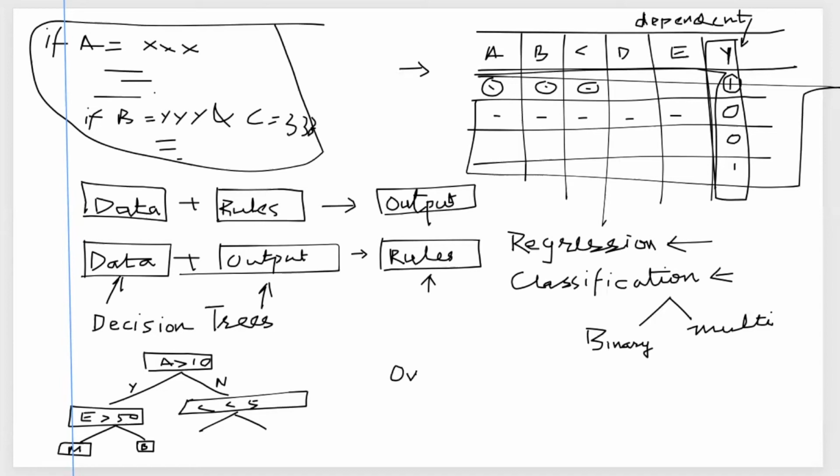Overfitting, in simple terms, basically means that the model will predict very well on the training data, but when you give it the actual data, it will not be able to make good predictions. This is the overfitting problem. Decision trees will generally, not always, generally cause overfitting.